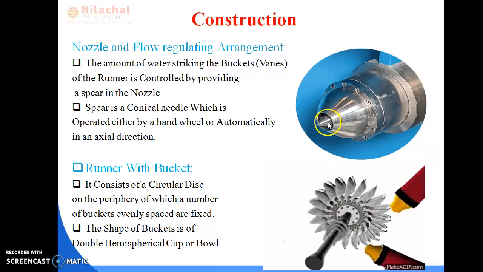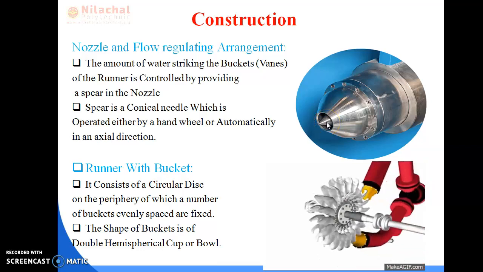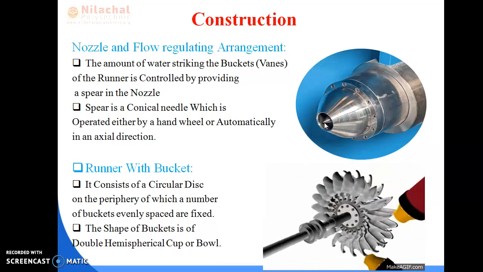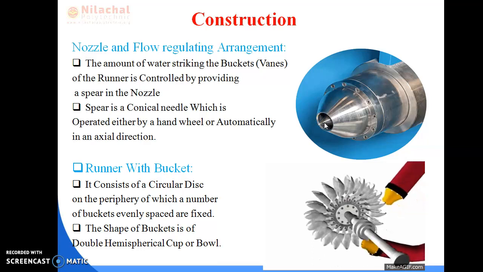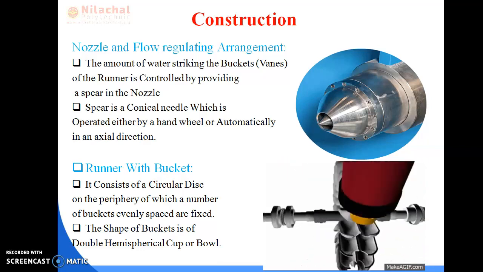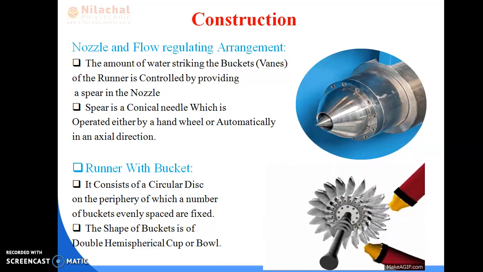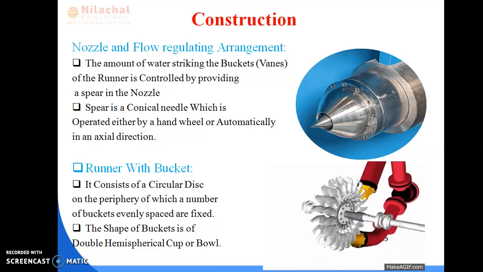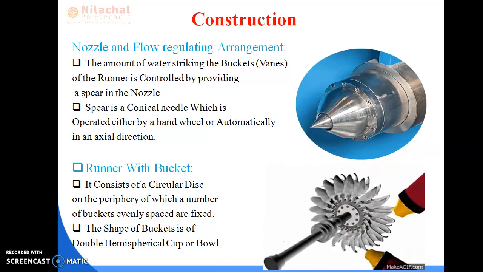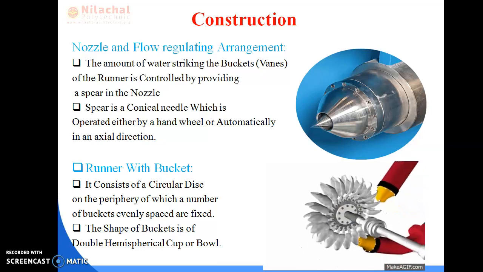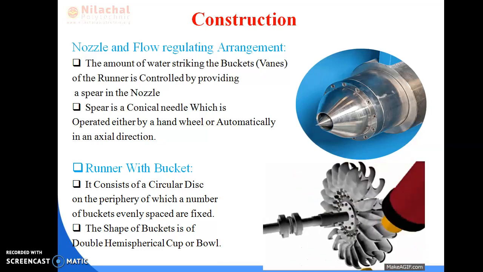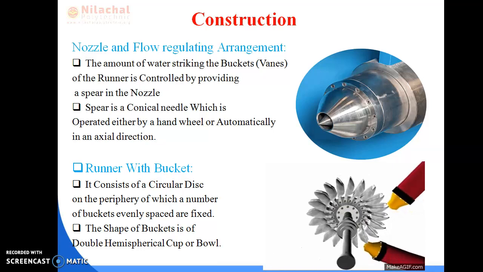The movement of the spear inside the nozzle regulates the mass of liquid flowing through the nozzle according to the requirement at the turbine unit.